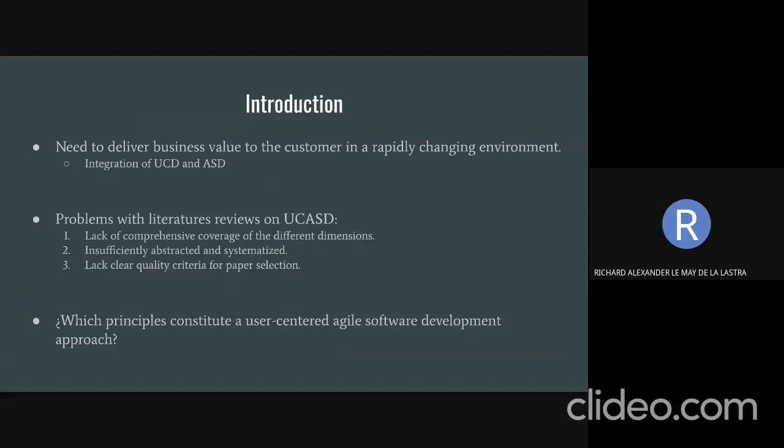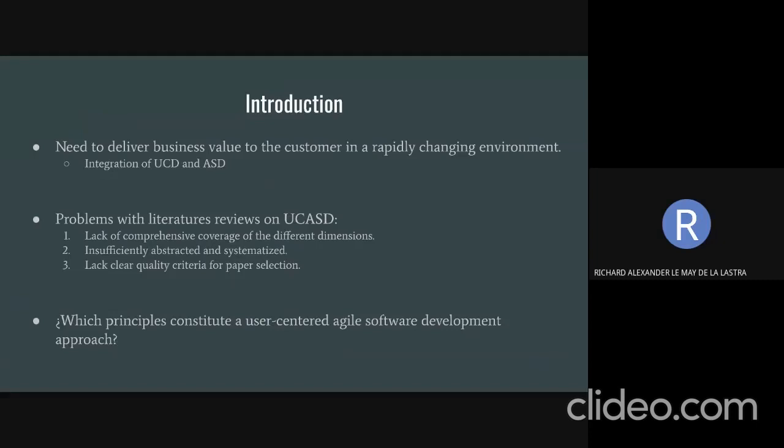Number two, the findings have been insufficiently abstracted and systematized, impeding a generalization of the results and applicability in a specific context. Number three, from a methodological point of view, the conducted literature reviews on UCASD lack clear quality criteria for paper selection and need to be complemented by current findings.